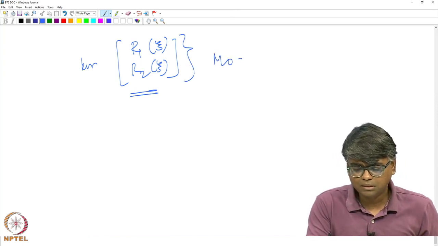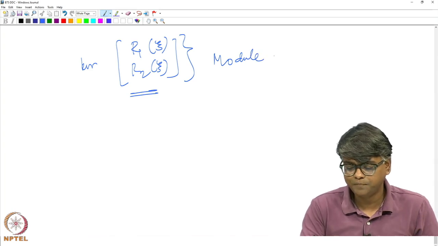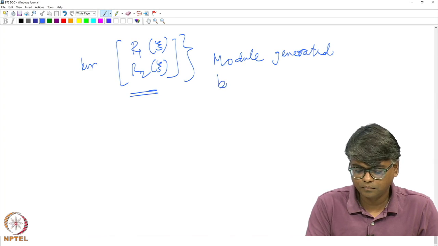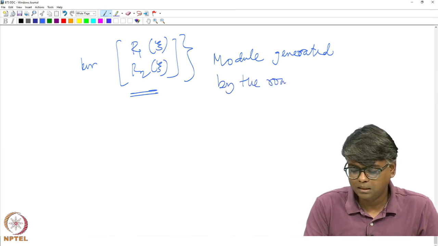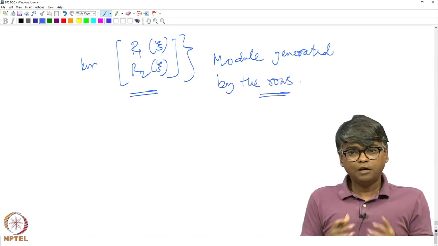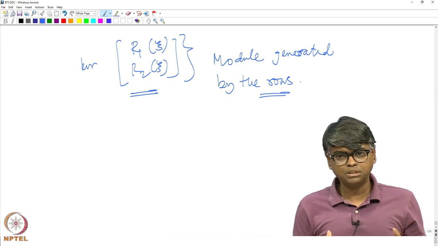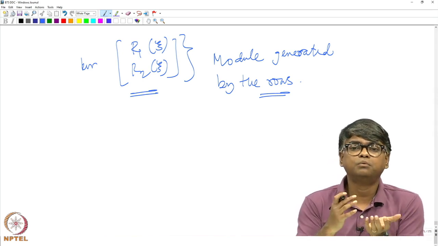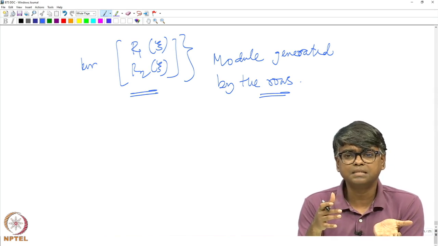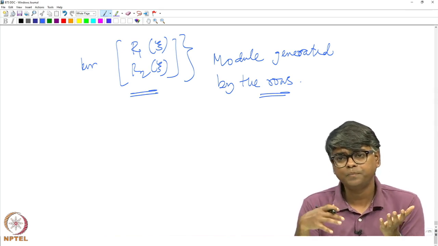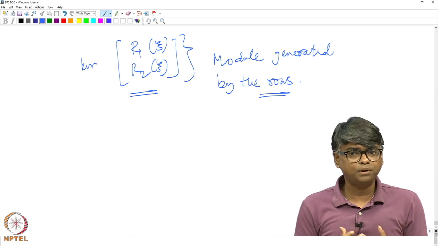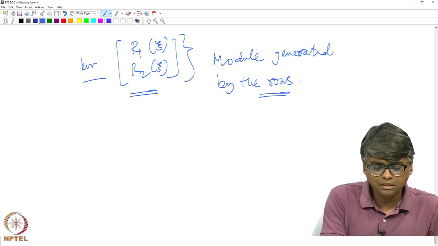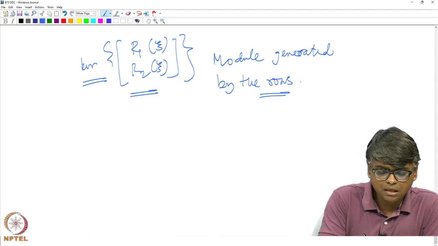The submodule generated by the rows is the one that governs the behavior, the system of equations. We have already seen before, although with continuous systems, but you would have proven using your exercises that for discrete systems as well, it is the module that matters. It is the module that is uniquely associated with the behavior. So here also, if I am interested in this behavior, I am actually interested in this submodule, the row span.